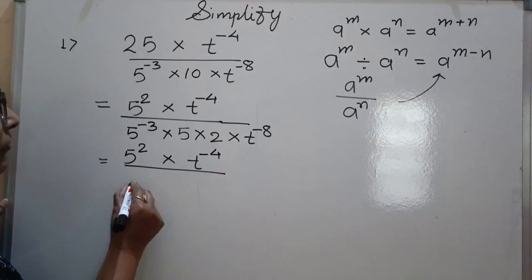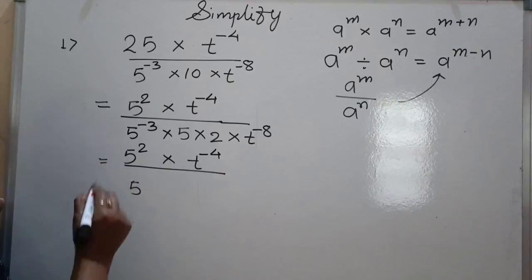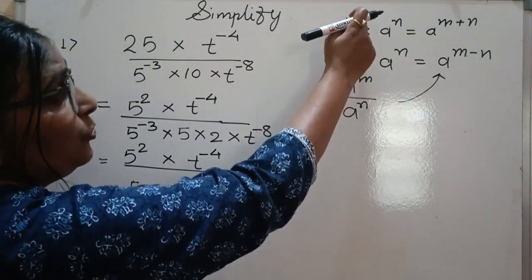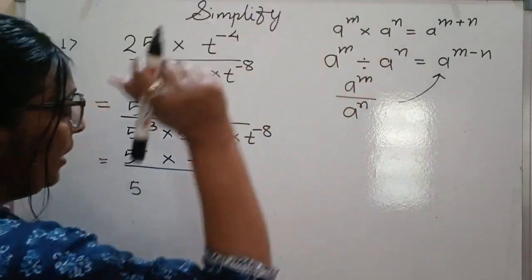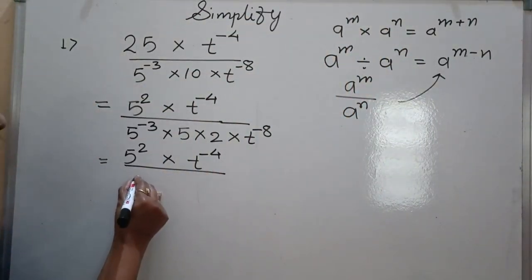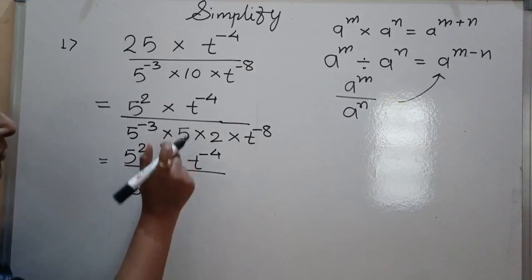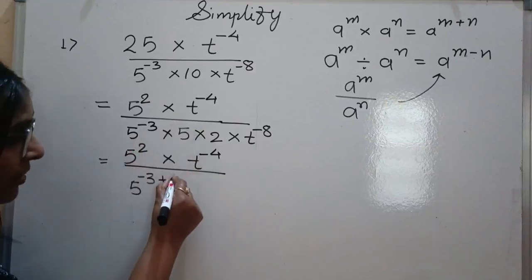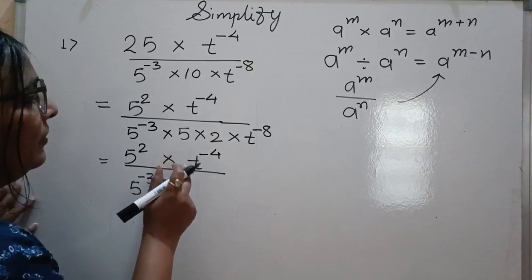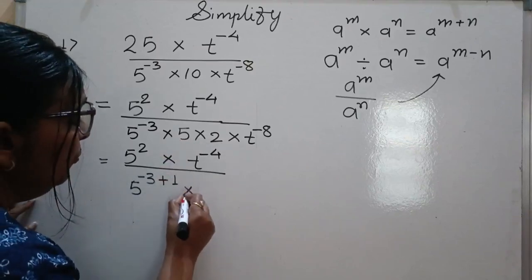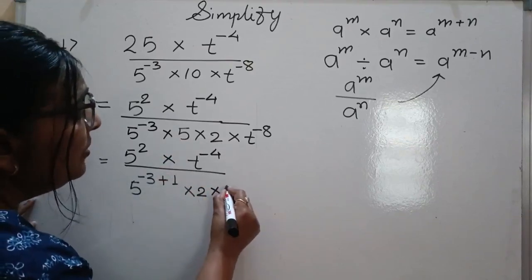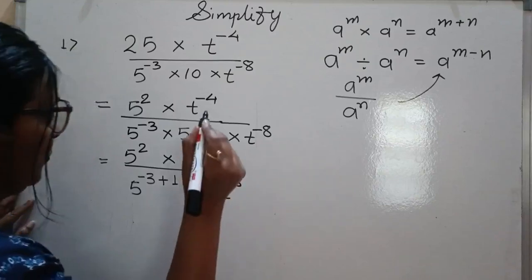So what I will write here, in this form a raised to the power m into a raised to the power n: 5 raised to minus 3 plus 5 raised to nothing, which means 1. Now 2 into 2 into t raised to minus 8.